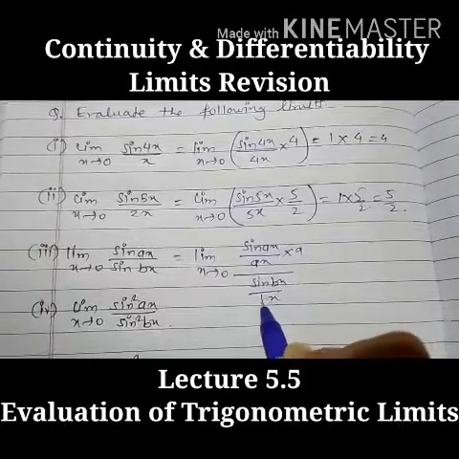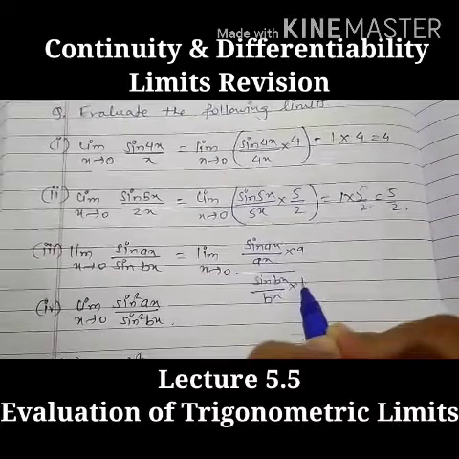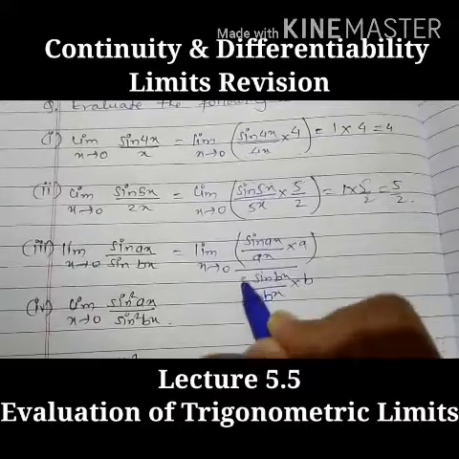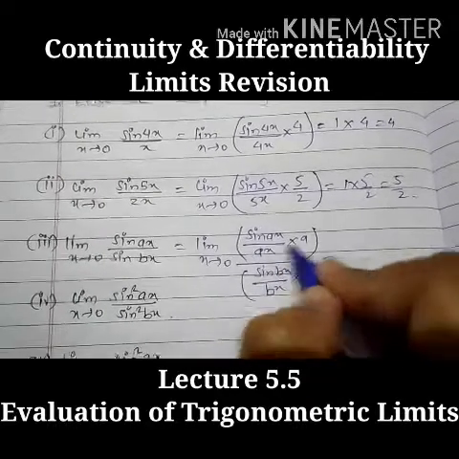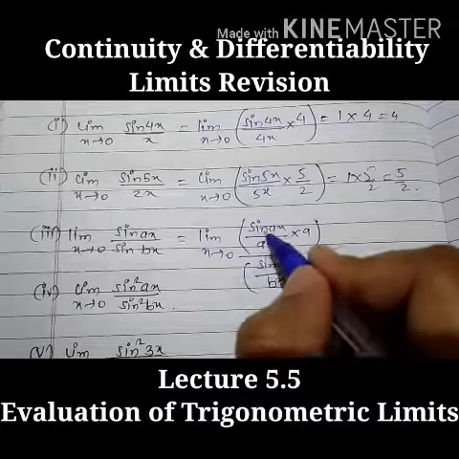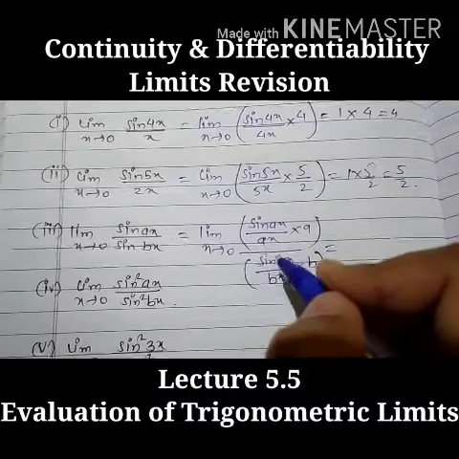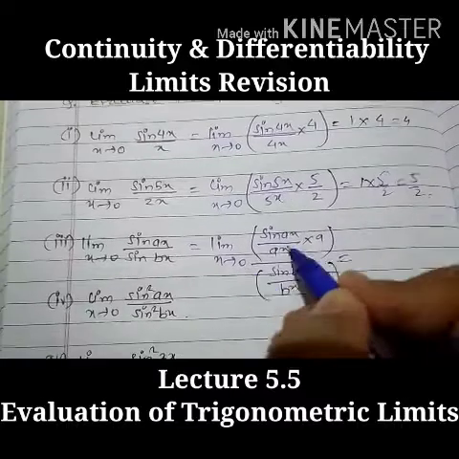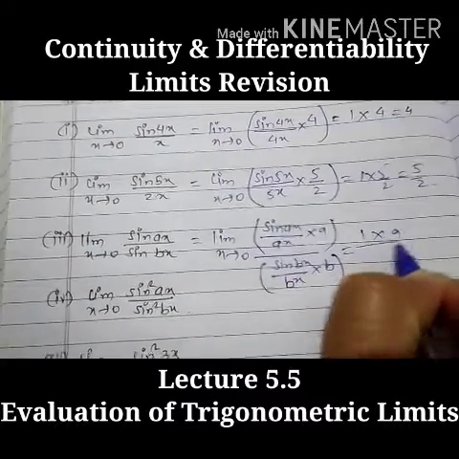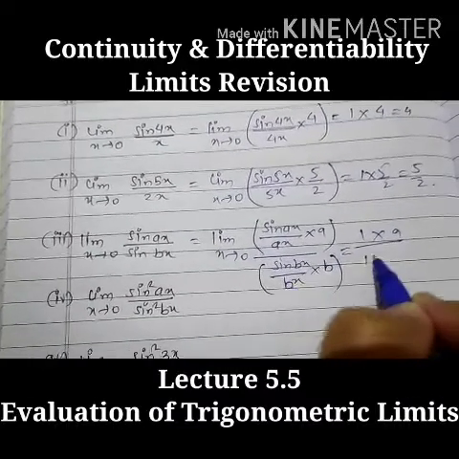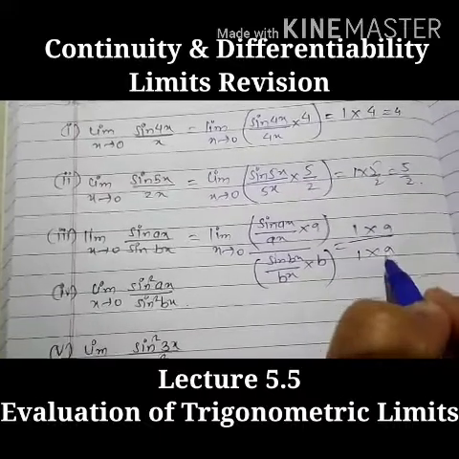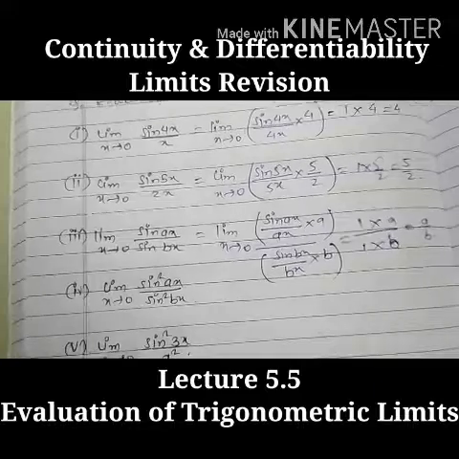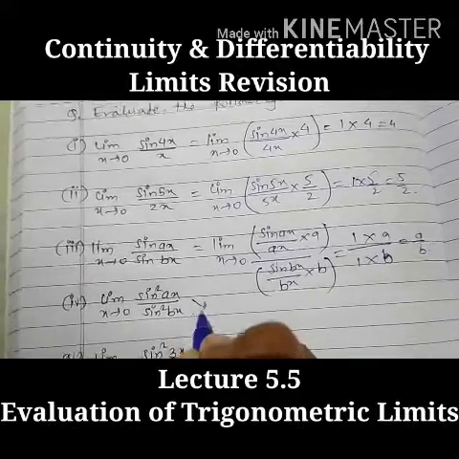Here also we need b, so we'll multiply by b. If we apply the limit to both numerator and denominator, sin ax upon ax is 1, because as x tends to 0, ax also tends to 0. So we get 1 into a upon 1 into b, using the algebra of limits. So the answer is a upon b. Get it?